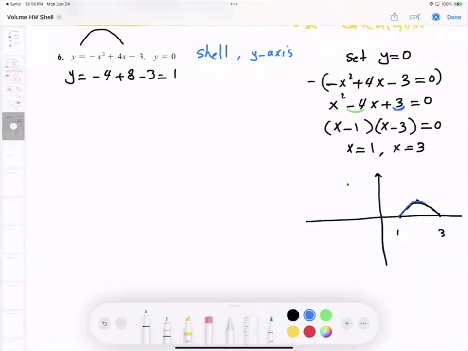Let me use a different color, and let me erase this. We don't need this. So you have negative x squared plus 4x minus 3, and down here you have y equal to 0, which is basically your x-axis. We're going to take this object and rotate it about the y-axis.